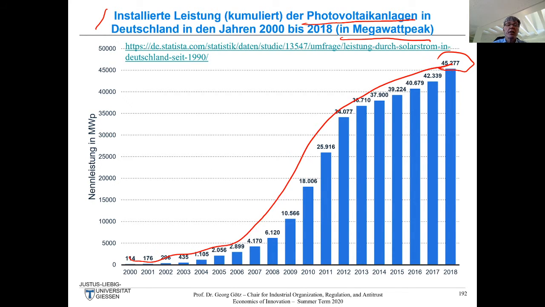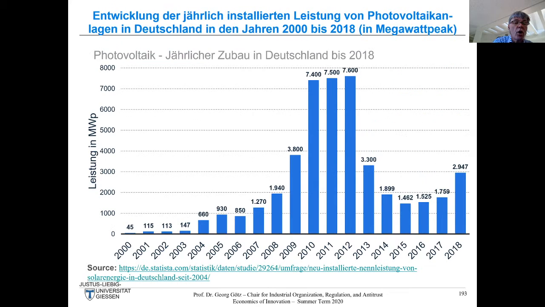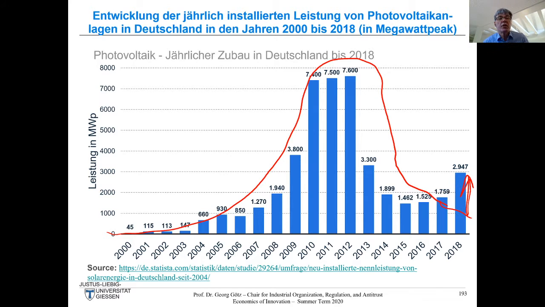And this S-shaped diffusion curve also gives rise to a standard kind of curve for new installations. That's how it looks like. What you see here is it goes up again. Of course, this is the yearly increase, or the annual increase. It's determined pretty much by politics, but it's also determined by the cost of these installations.